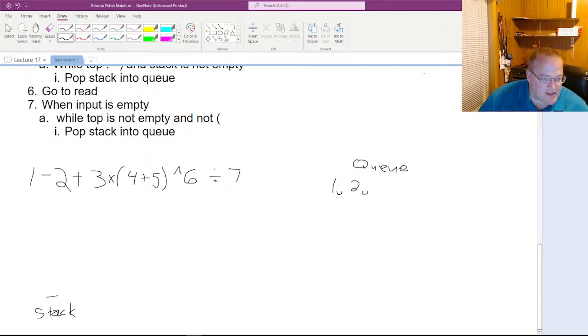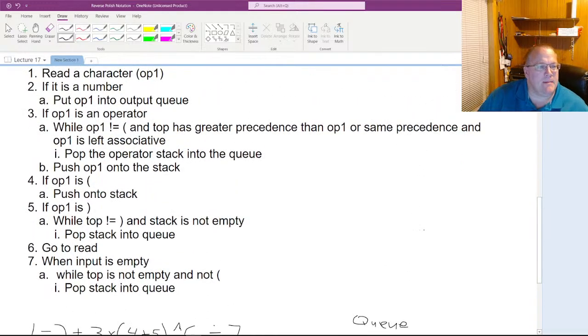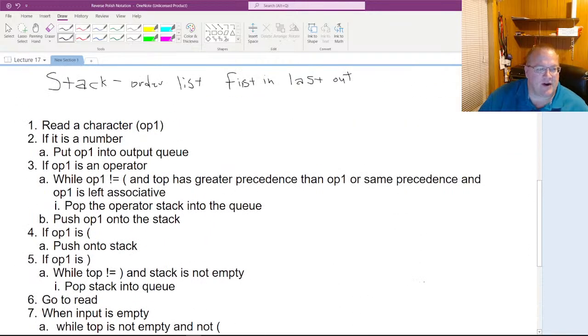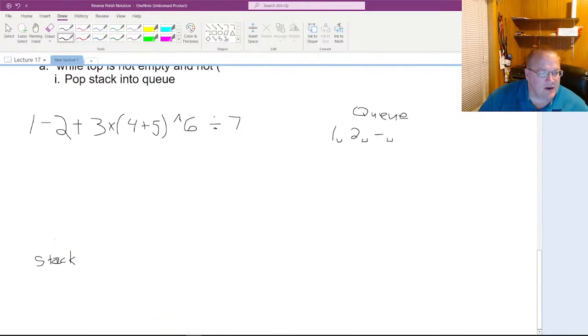So we pop this off, erase it, and then we put whatever we just took out of there here. Now we have space again. Remember, we're still holding on to op1, which is still that plus. So now the while loop is no longer true, because the stack is empty. There's nothing in there to be the same precedence or greater. So then we push op1 onto the stack. Okay, so our plus sign just went onto the stack.